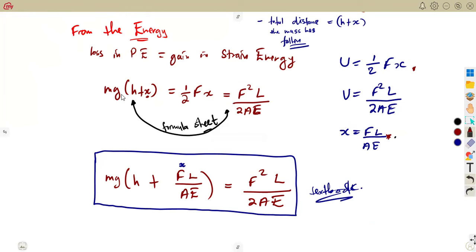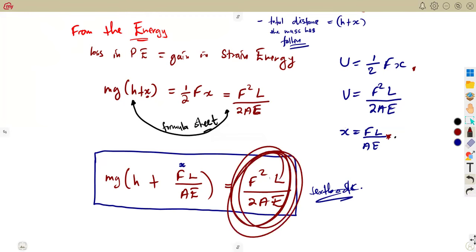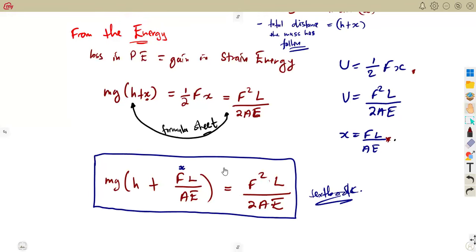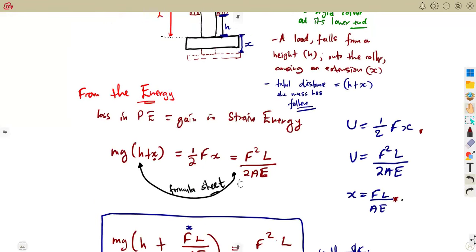Only that there's now a loss in this, whatever that we equate to what we are used to. We are just equating the loss that happened in potential energy. That loss and the strain energy gain will be the same. So it's an equation from that formula.